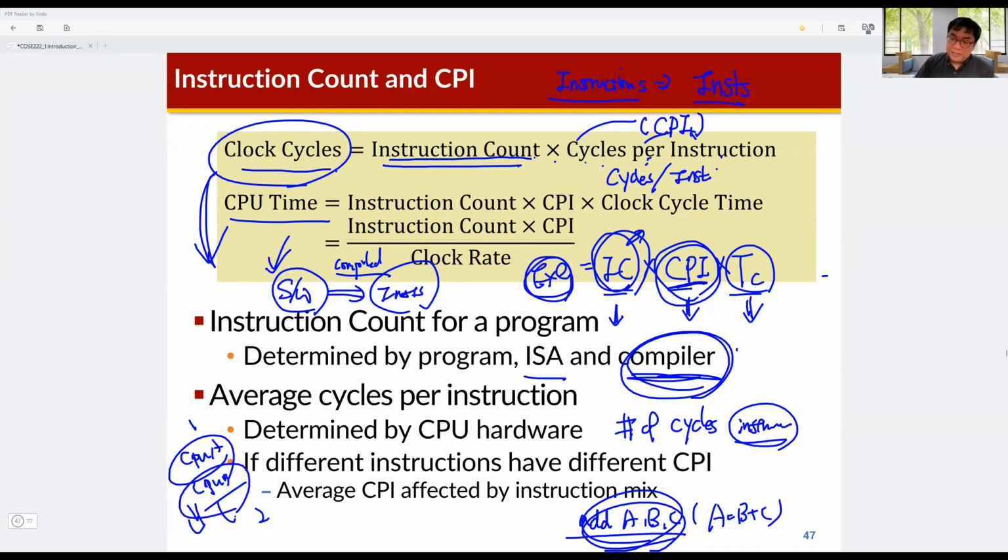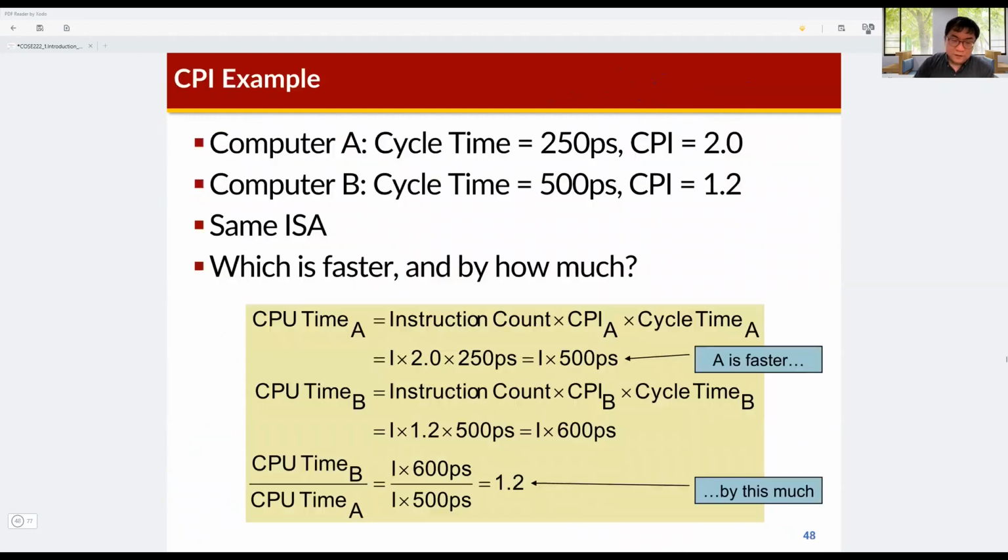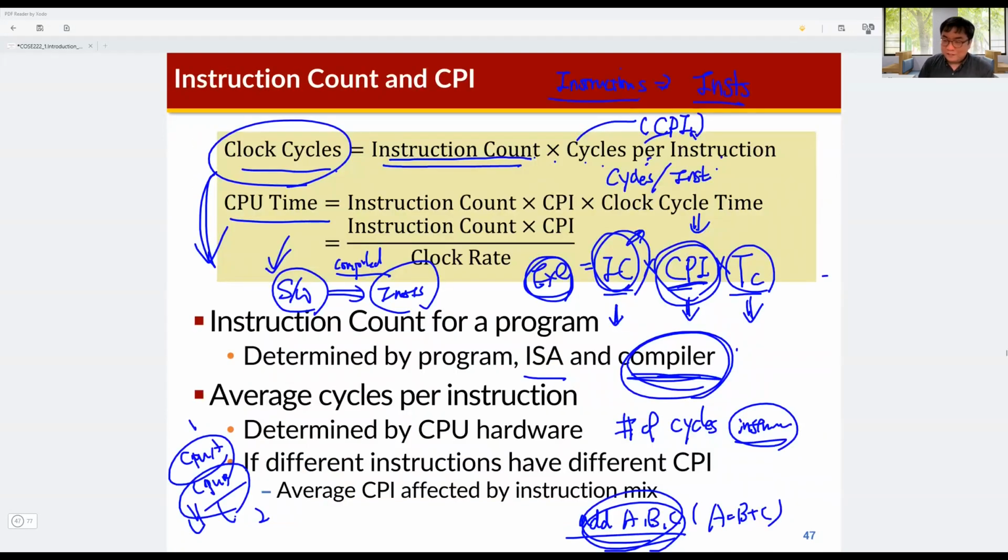So if we design a better architecture for the computer processor, then we can increase the performance by reducing the CPI number. And clock period is obviously the clock frequency, which is determined by digital design or implementation.